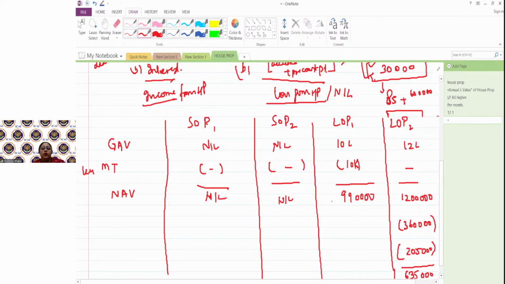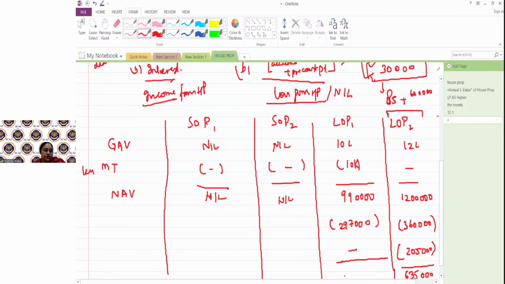Now, for house property 1 which is let out, which is LOP 1, in this case, friends, no loan is going on. The property is acquired from self funds. So what would be the case? Only standard deduction would be allowed, which is 30% of 990, that is 297.